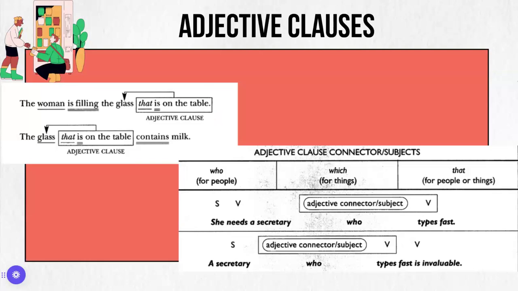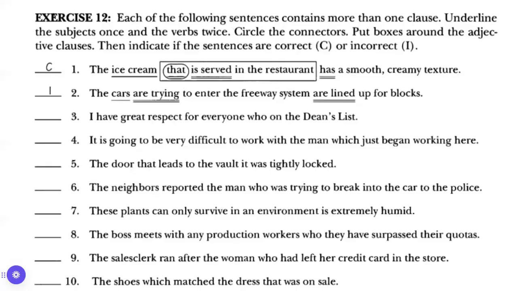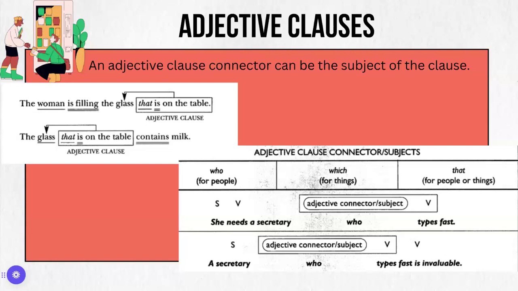Now, we already practiced a little bit with adjective clauses, so let's recap. And again, the adjective clause will be placed right after the noun, following a connector, especially in formal written academic English.